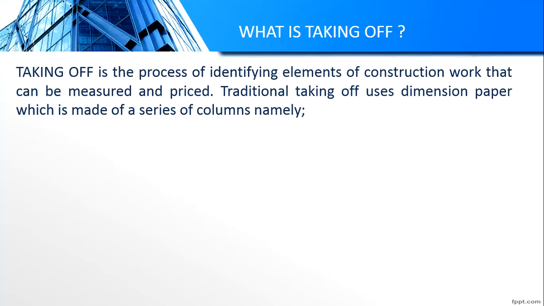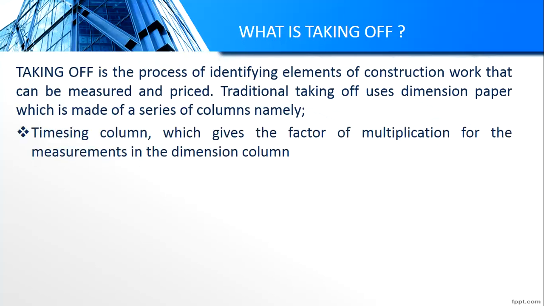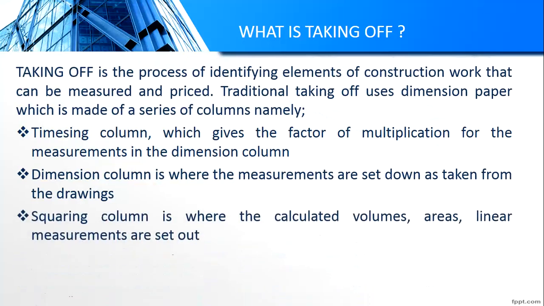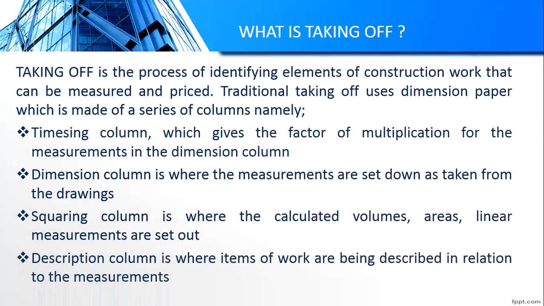In our dimension paper or taking off sheet, we have four columns. Number one is the timesing column. Number two is the dimension column. Number three is the squaring column. Number four is the description column.